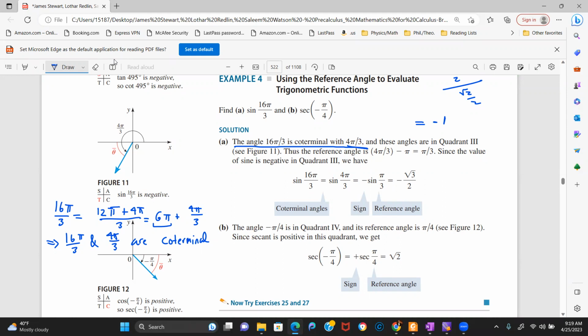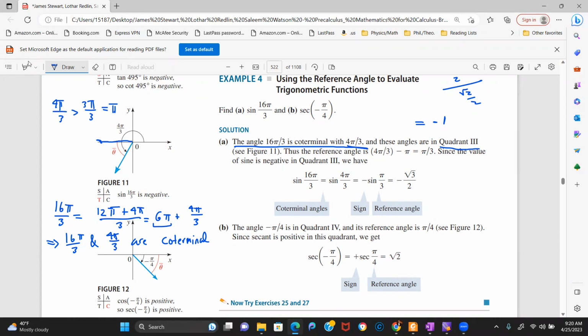It's going to be in quadrant 3, because 4 pi over 3 is just a bit bigger than 3 pi over 3, which is equal to pi.